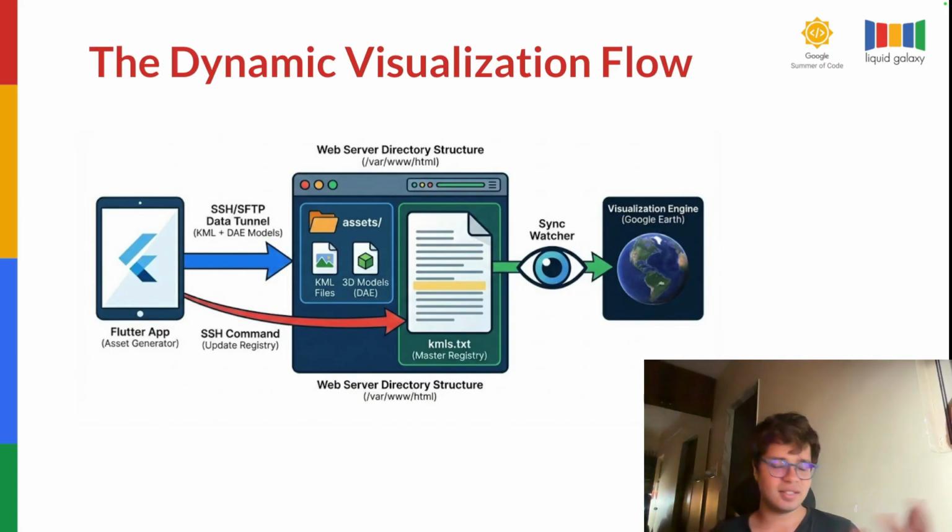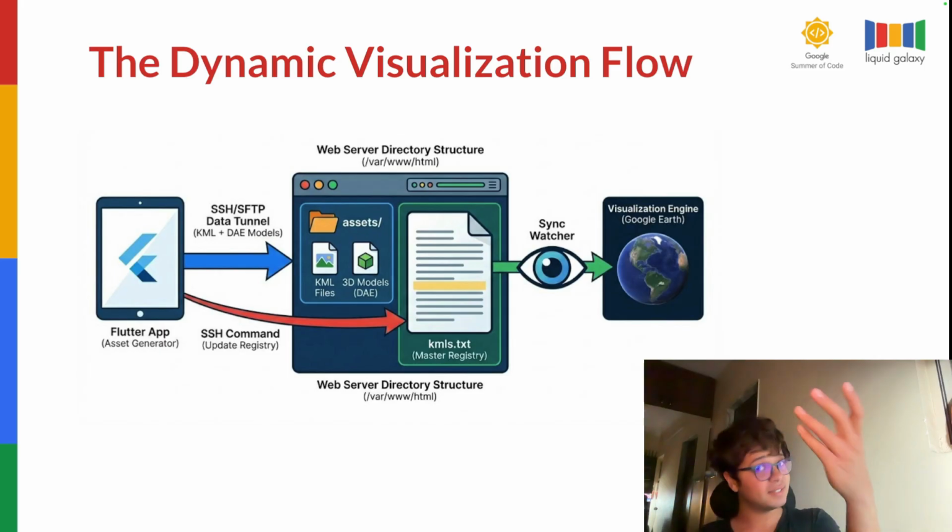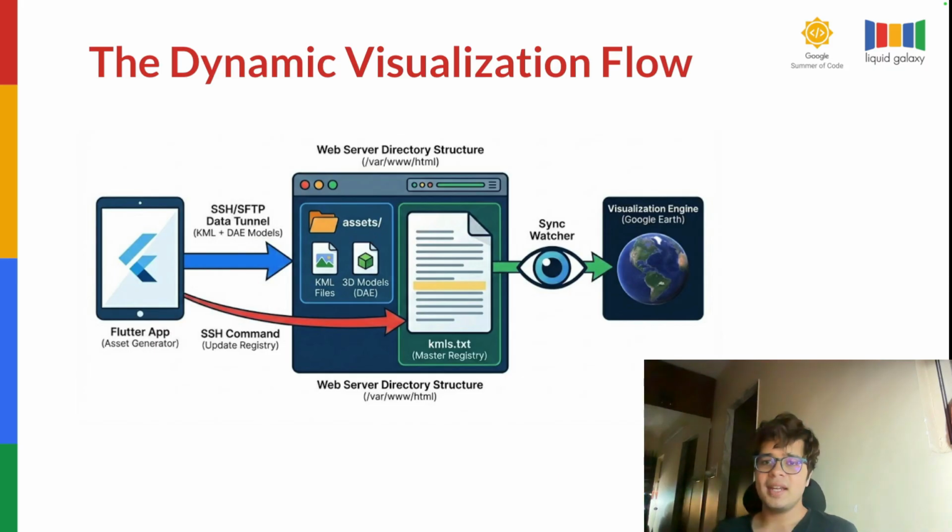This is basically the registry for Google Earth, as I mentioned, right? Which watches the whole thing continuously. And now comes the important part, the sync watcher, which is Google Earth's constant monitoring system, right? It watches kmls.txt.